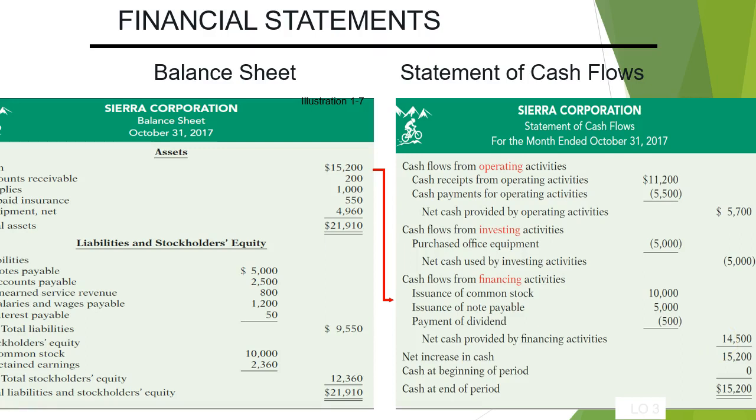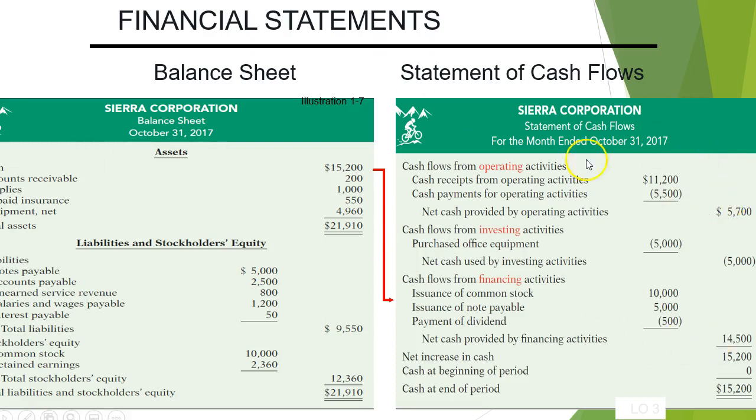Now, the beauty of the statement of cash flows is that you will know, based upon your beginning cash balance and the ending cash balance, the amount of the increase or decrease in your cash account. The key is what type of activities cause my cash account to increase or decrease.